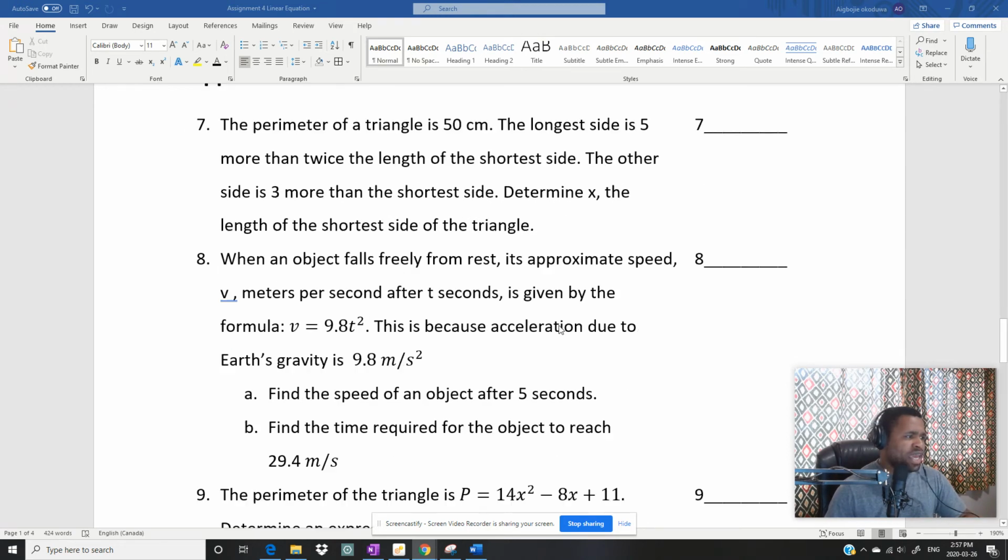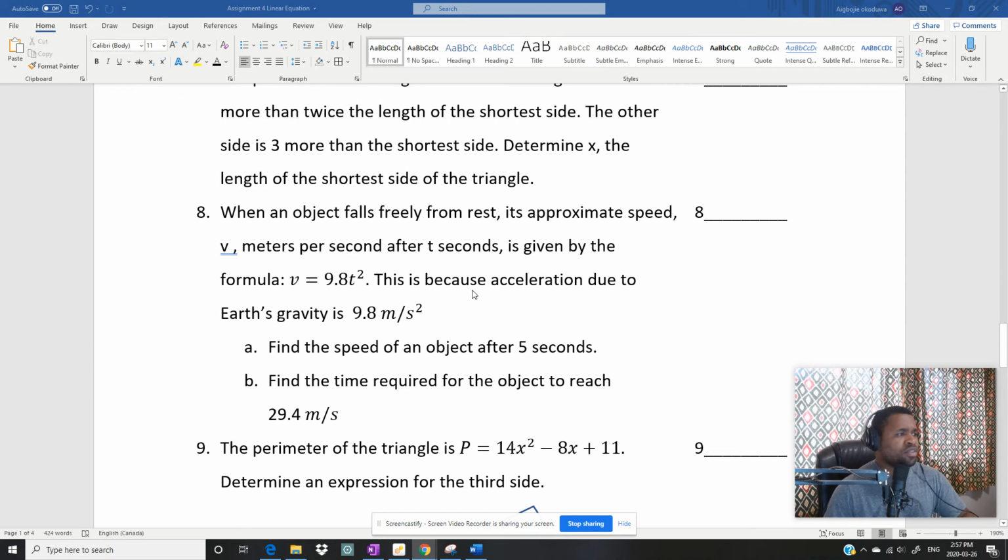And then for 8, you have various questions involving throwing a particular object and that object behaving maybe not in a linear way. So how can you determine what the velocity of that object is with respect to the time and the specific acceleration due to gravity?